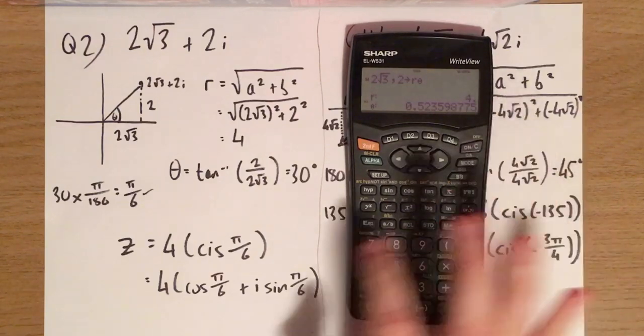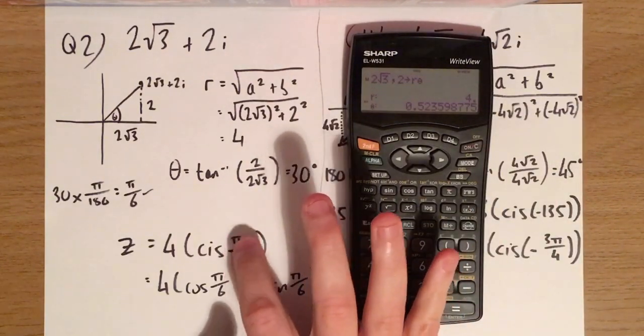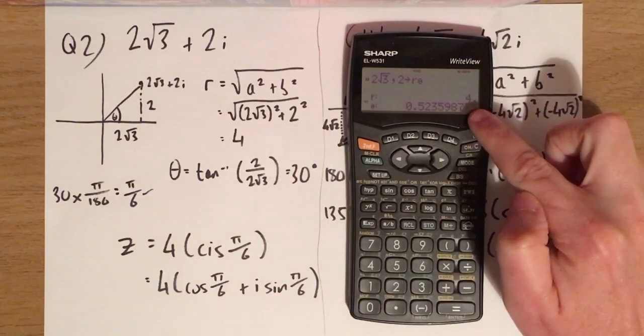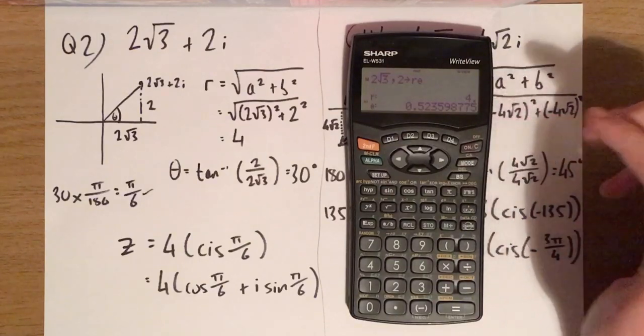Now, pi is about 3.14, so 3.14 over 6 will be a little bit more than a half. So I do have the correct angle here, just not in the form I want.